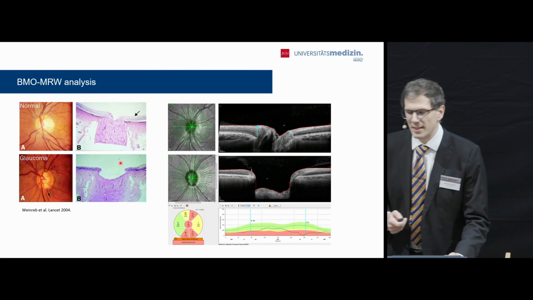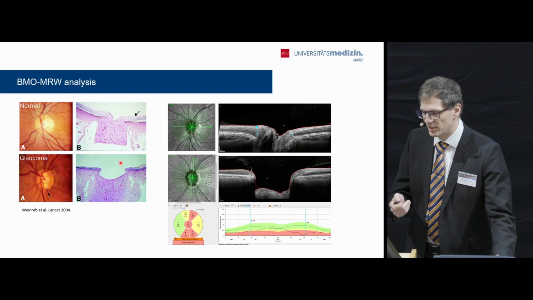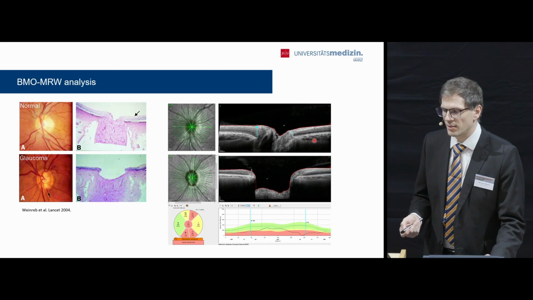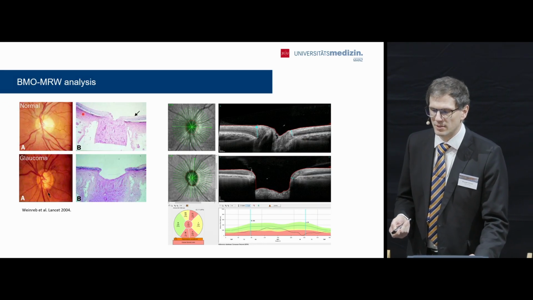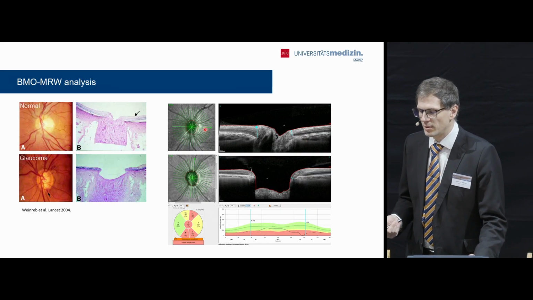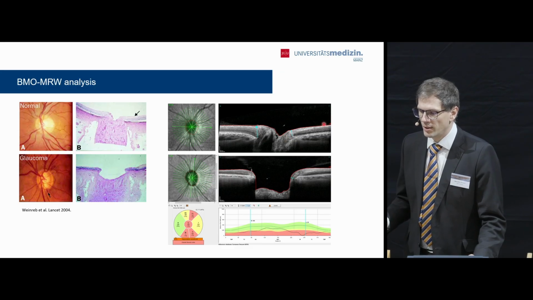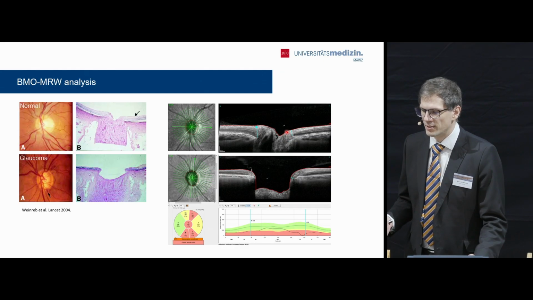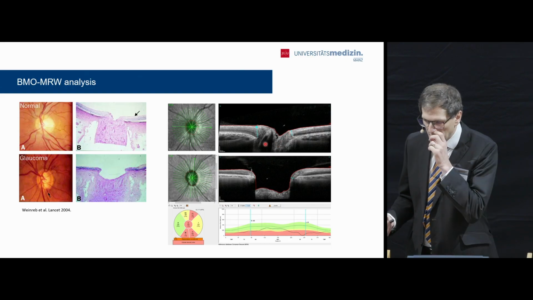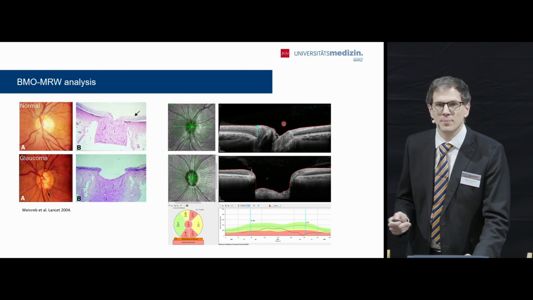And when you compare that to what we see in OCT, you see in a normal eye, comparing to this histological section, we have all the connective tissue, the retinal nerve fibers and the axons leaving the eye towards the brain in this area.